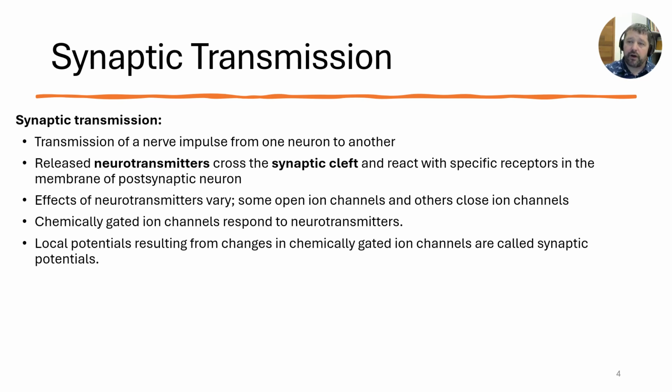And then you have neurotransmitters that repress the process and stop action potentials from occurring. So they can either open up ion channels or close ion channels, or do both, open some and close others.